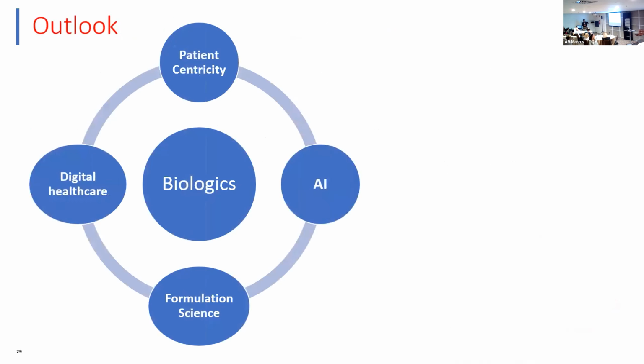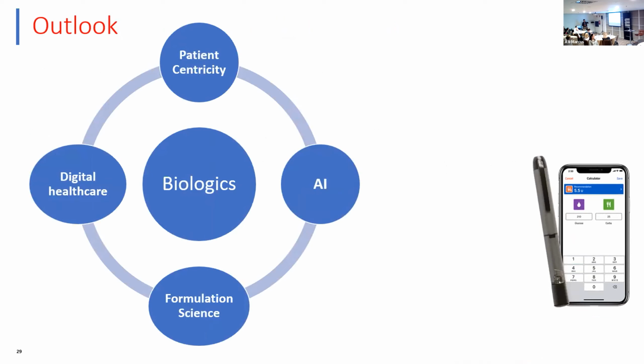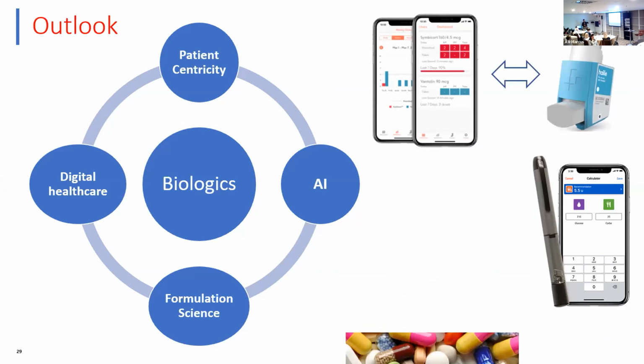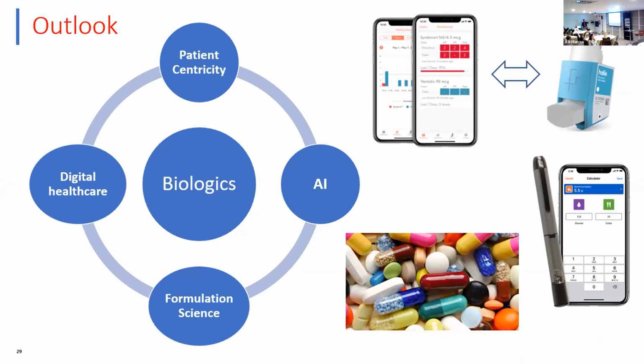So going forward, with regards to biologics, I hope there will be a lot of patient centricity. Of course, digital healthcare is already involved in it. Maybe artificial intelligence also will come and have a play on it. Companies are starting to do developments on that. Lots of formulation science, of course, but most importantly, I'm hoping for having these three main routes of administration for biologics in the future on the market, so that patients can really benefit from it in their home care setting or wherever they are.